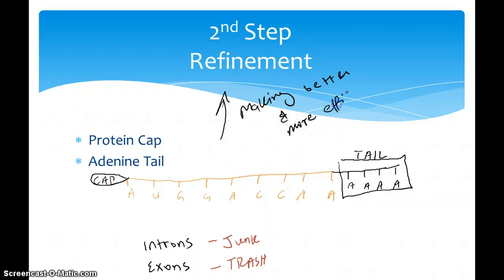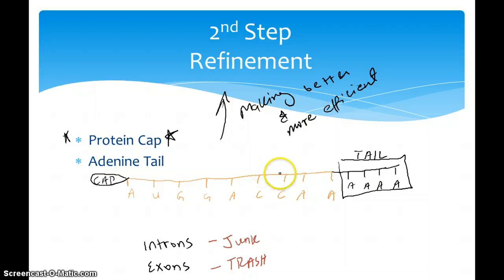So refinement is a process by which the RNA chain is going to become much better. So all the excess code is going to be removed, and security features will be added, and so on. So the first security feature we're going to add is known as the protein cap.